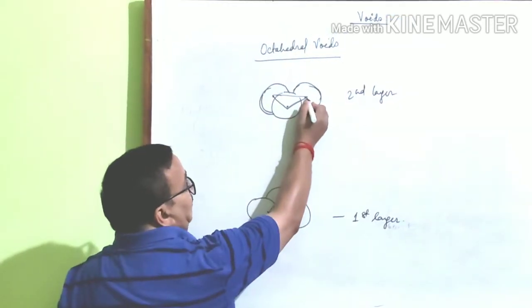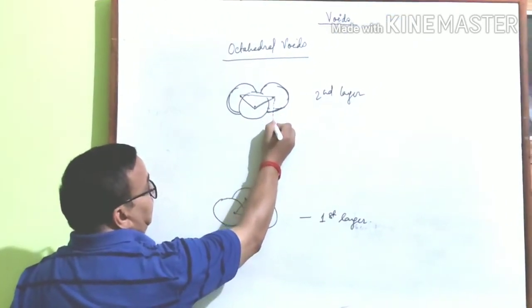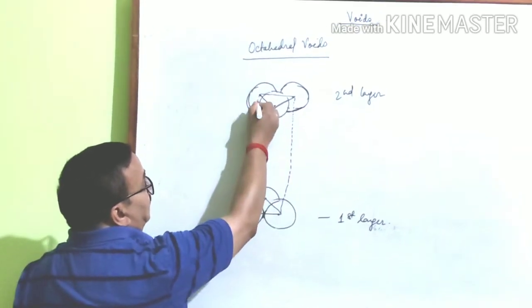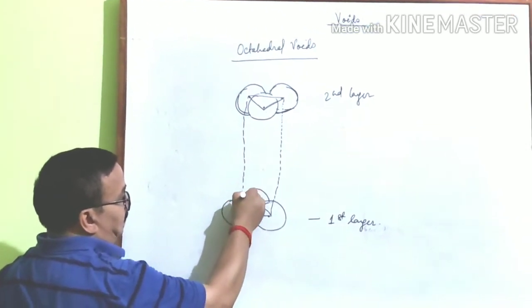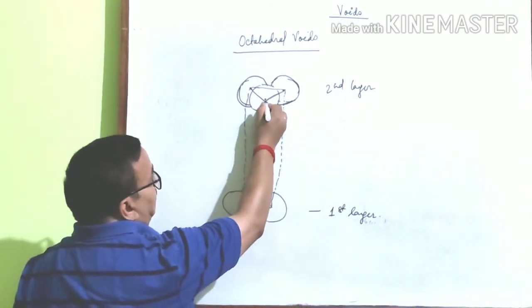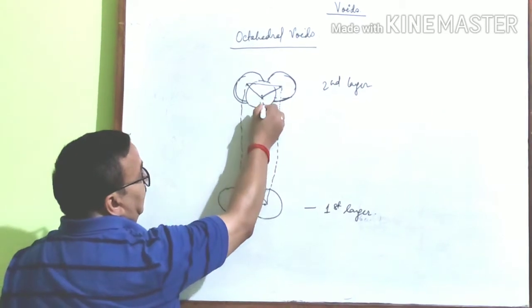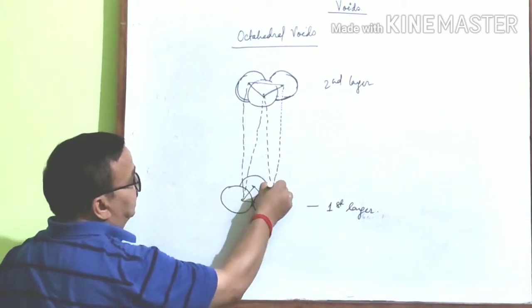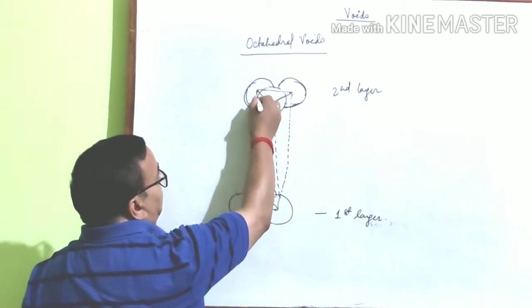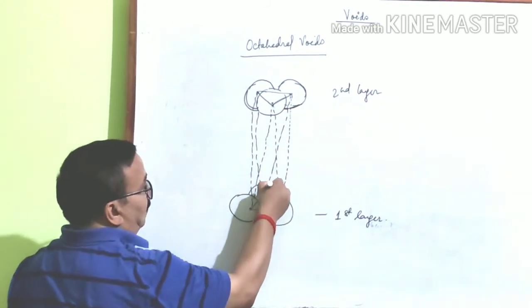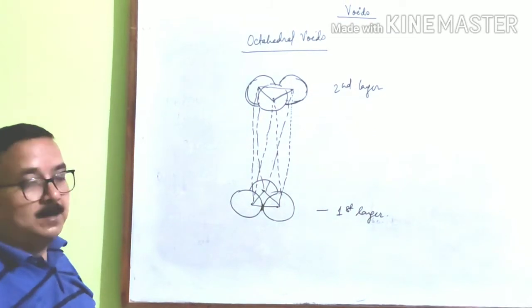Now, अब इसको हम लोग यदि मिला दें इस तरह से, so we find that an octahedral structure is formed.